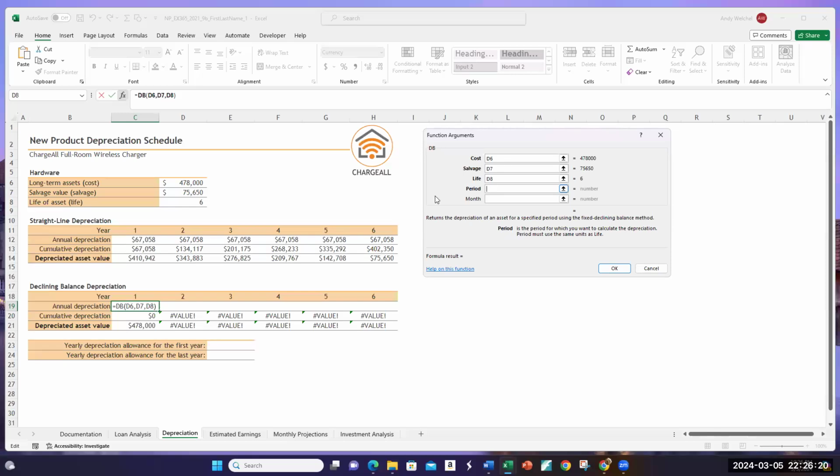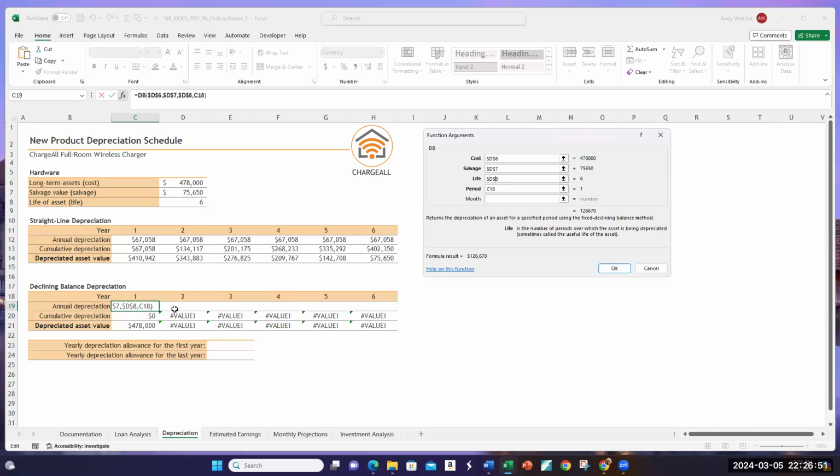Okay, the period is going to be this because it's the first year's depreciation. And we don't use month. This is used for mid-year depreciation. So as we drag across, which we are going to do, we want this to freeze? Yes. So go ahead and freeze that, that, that.